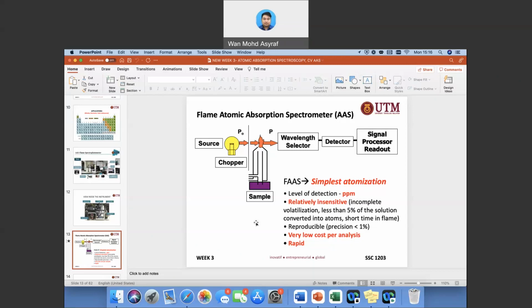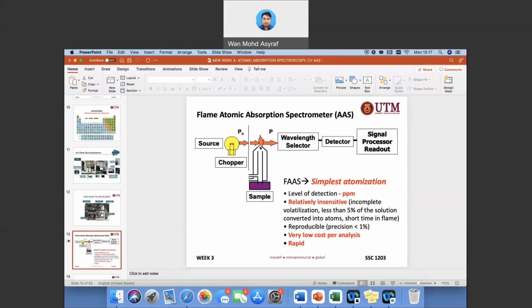Now you can look at the source of light here, and then we have a chopper here. There is a function of this chopper. Your sample goes into the nebulizer and is atomized inside the flame. The flame here represents the atomizer.